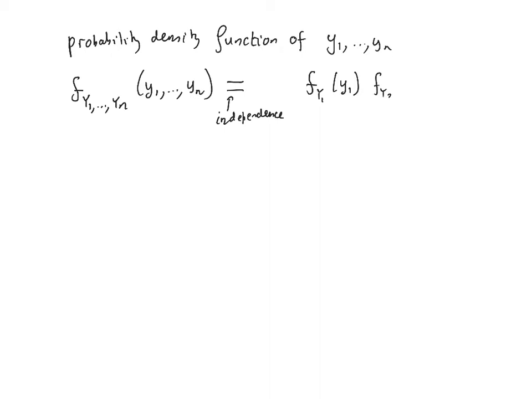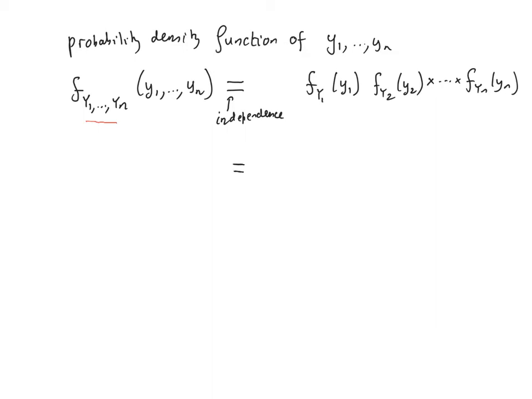So we've got each individual probability density function for each individual data point can be multiplied together in the way illustrated. So that means that on the left-hand side, I've got the probability density function for all the data that we observe, and our assumption of independence has allowed us to write that in a much more simple way on the right-hand side.